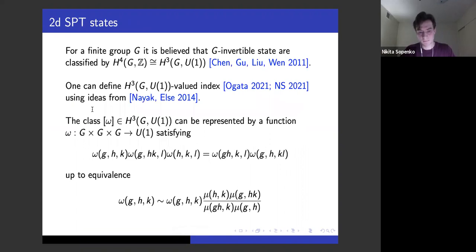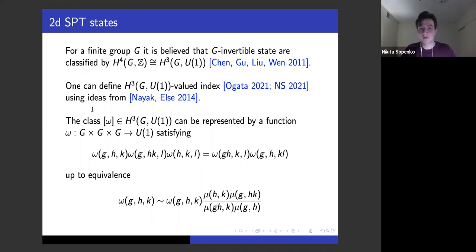It was conjectured a long time ago that such states are classified by the fourth cohomology group of the finite group G. But it was defined rigorously only recently using this formalism, and it was done independently by Ogata.